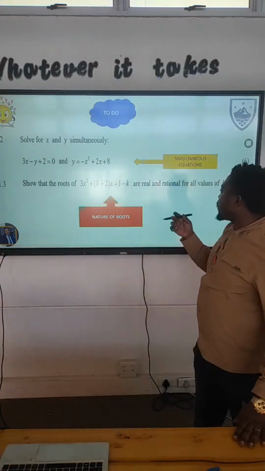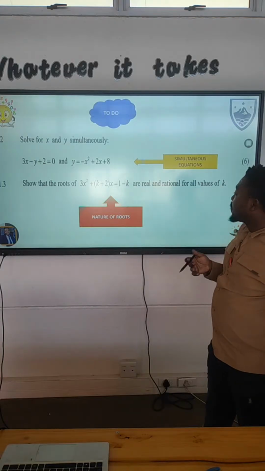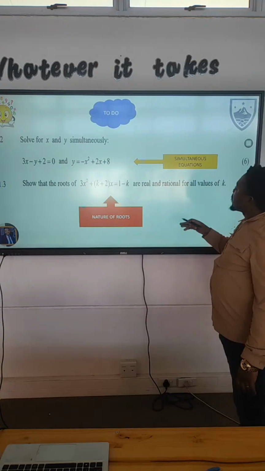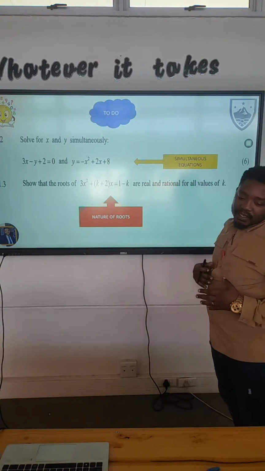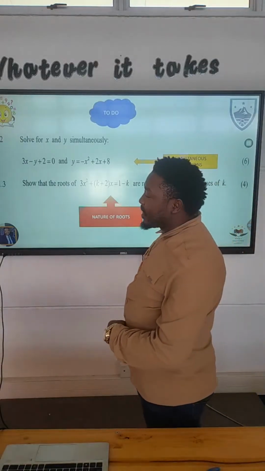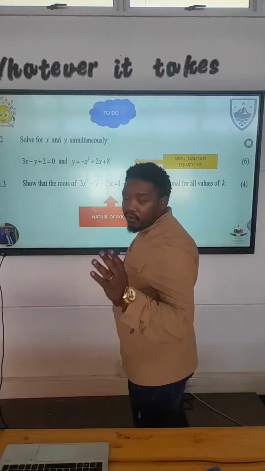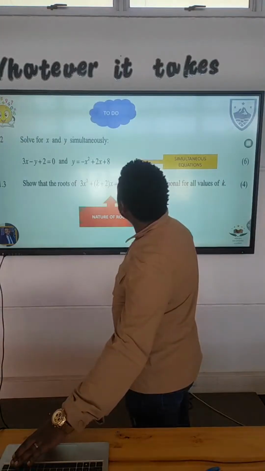This is what we did in grade 11 in depth. So once you start hearing when the roots are real or when the roots are rational, we'll also be using the discriminant to find our solution, which comes from our quadratic formula. All right, let's jump straight into it.